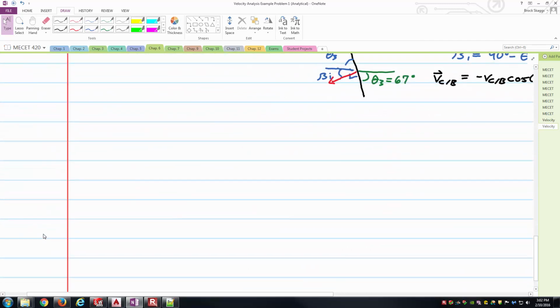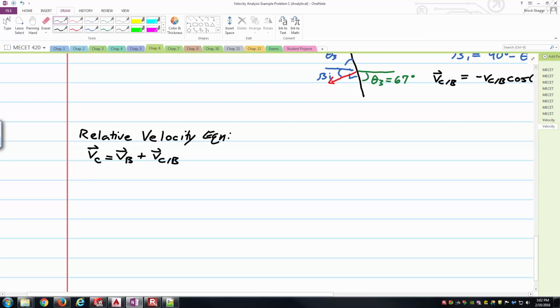So now we're ready to basically look at our relative velocity equation analysis. And so again, as a vector equation, we're saying that the velocity of c is equal to the velocity of b plus the velocity of c relative to b. And so this is the vector version of our equation.